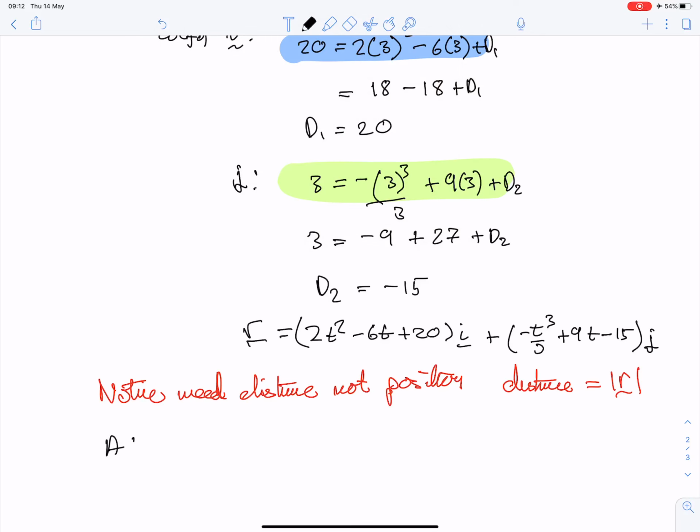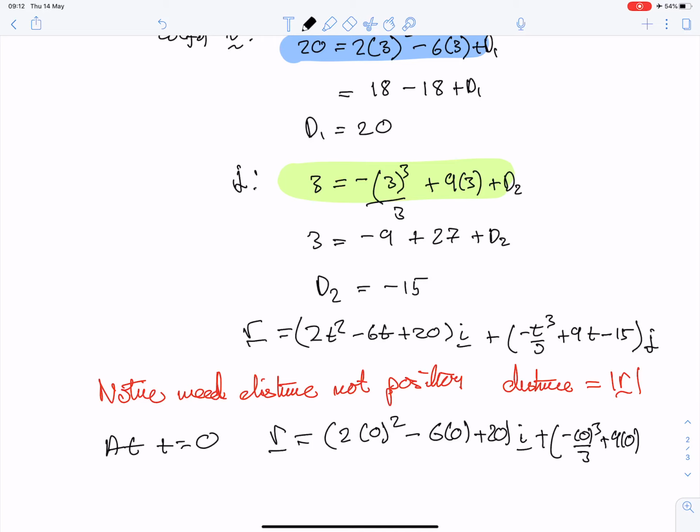Okay, so at t equals 0, r is equal to 2t squared, oops, got to substitute in the 0, let's put it in a bracket, 0 squared minus 6 lots of 0 plus 20 i plus negative 0 cubed over 3 plus 9 lots of 0 minus 15 lots of j.